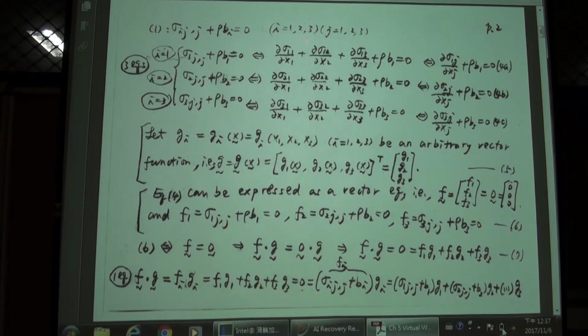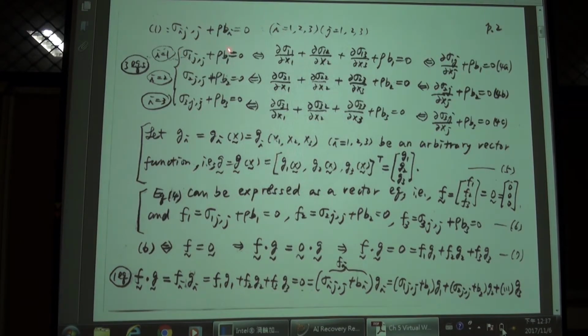We have three equations. For i equal 1, i equal 2, i equal 3, we have different expressions, okay? For i equal 1 here, we have sigma 1j, sigma 2j, sigma 3j, comma j. Here, j comma j means that we need to sum over 1 to 3. And also the comma notation represents the partial differentiation.